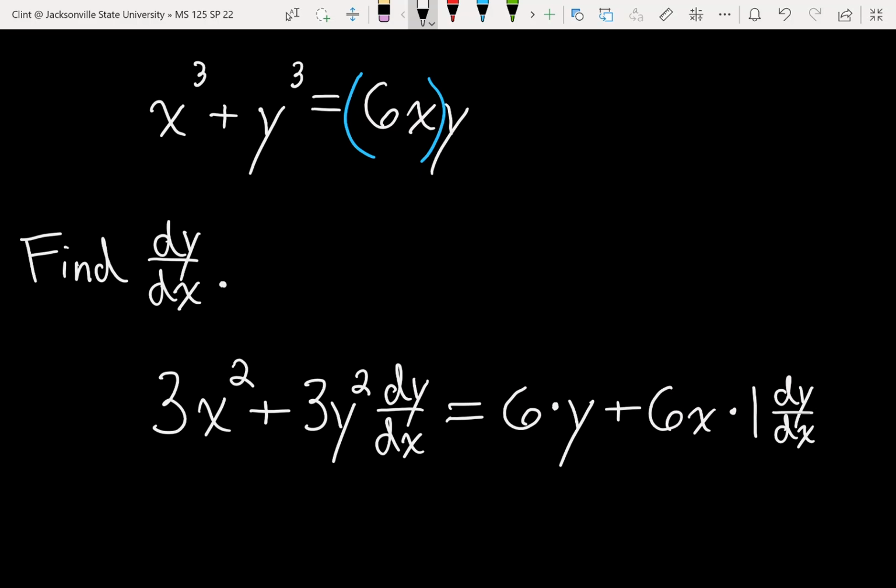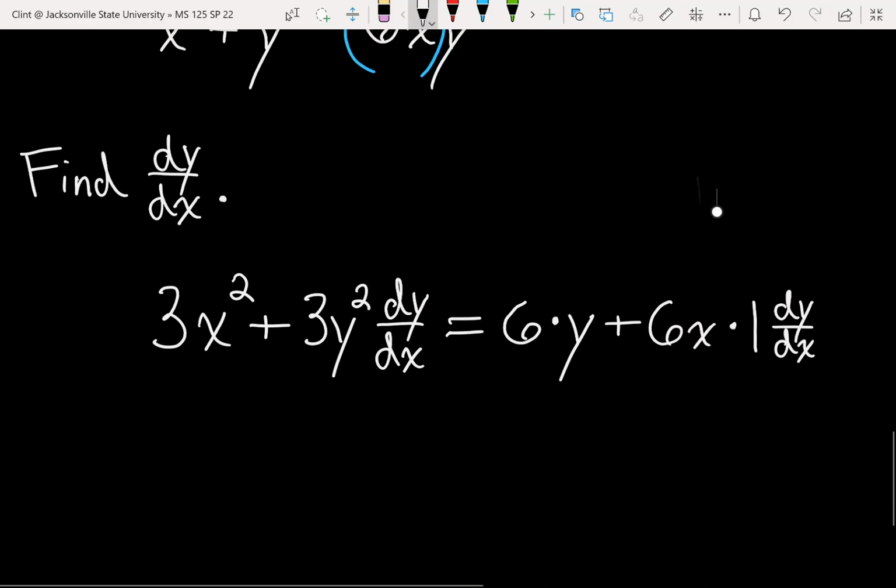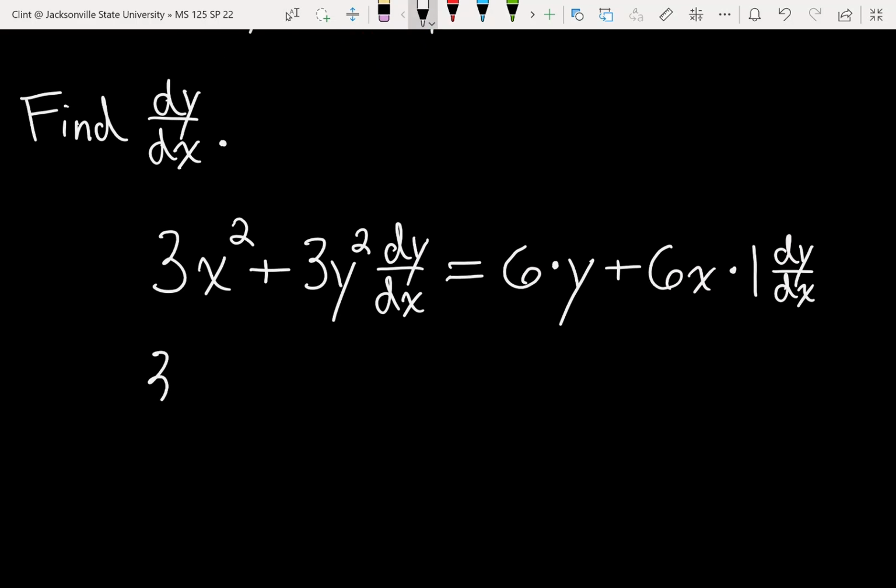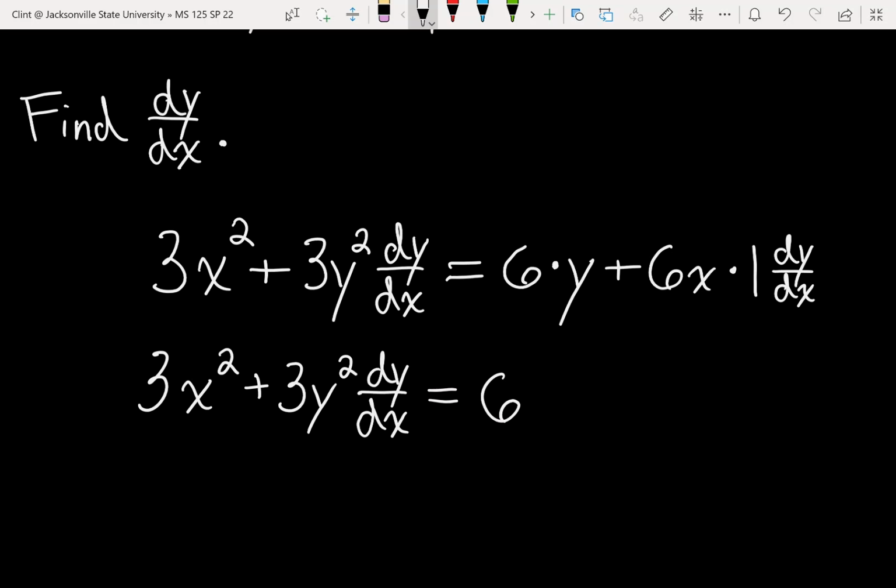Yep, you got chain. Okay. Then I'm just gonna simplify my right side a little bit, and then we'll deal with it. So 6y plus 6x dy dx.